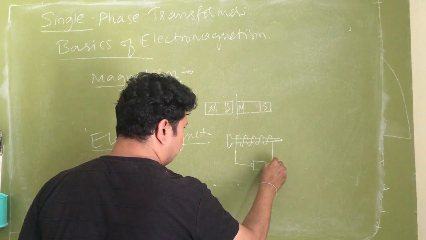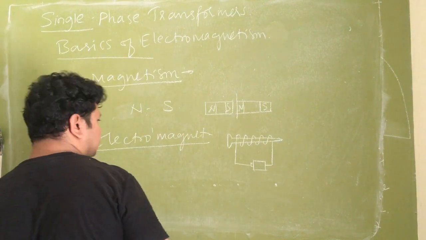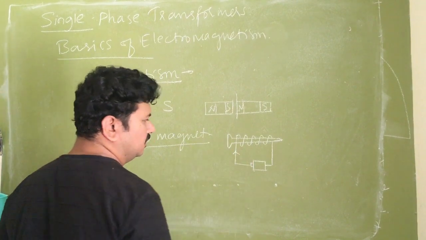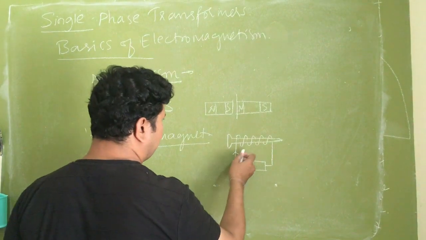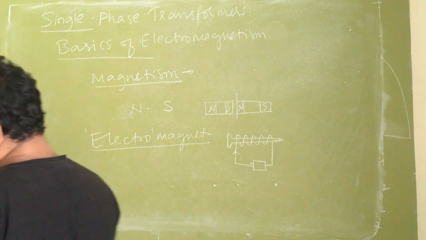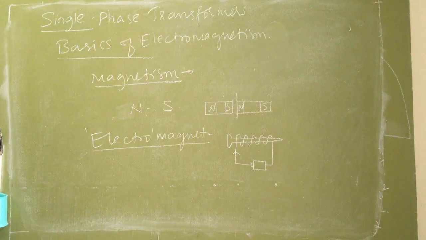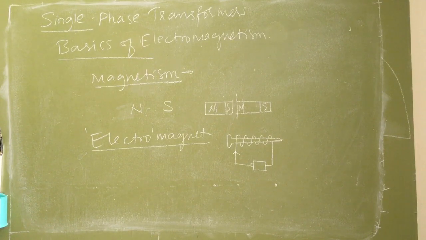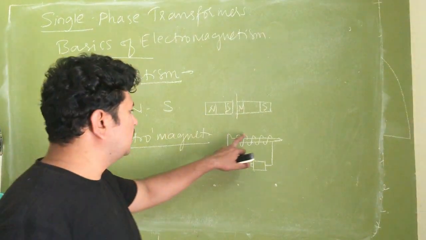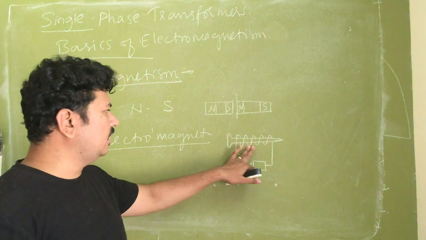When the battery circuit was closed, the current started flowing, and the nail started operating as a magnet. It started attracting the iron pieces surrounding it. So this is an electromagnet.